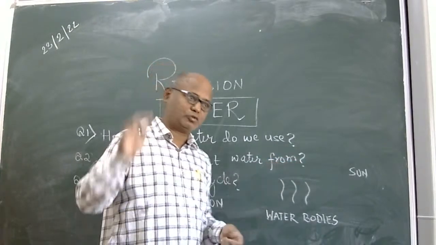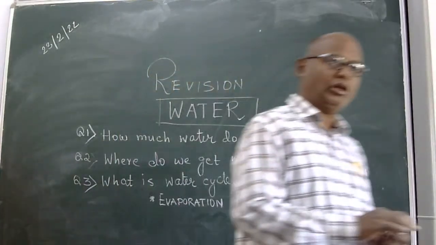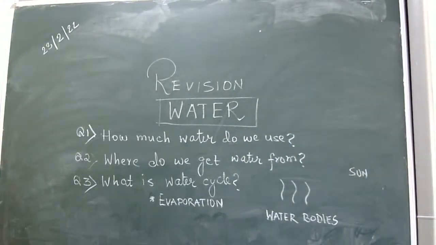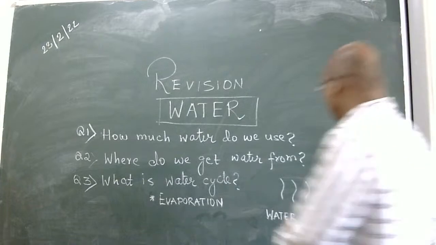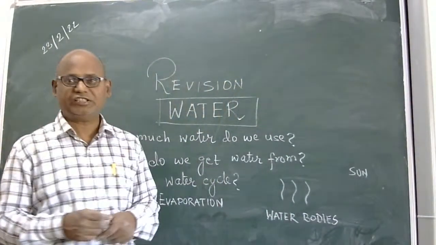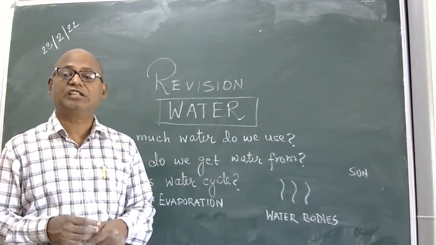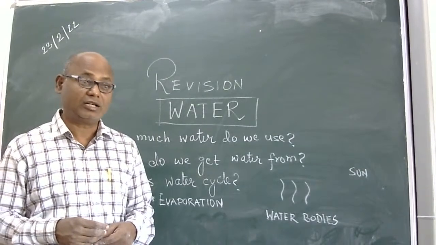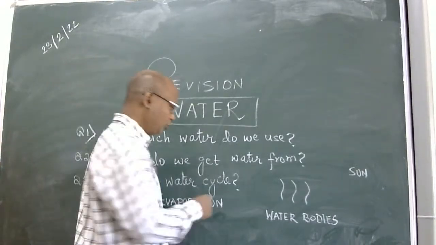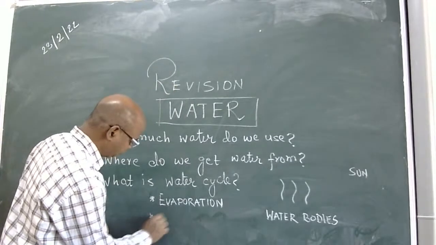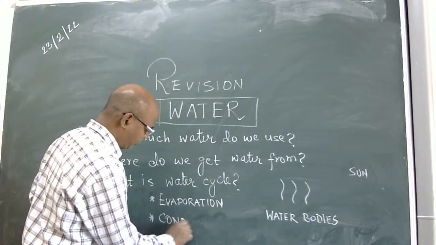At height, it is cold, and this water vapor converts into droplets of water. So here the textbook mentions that water vapor converts into droplets of water. What is that process? That process is called condensation. So you should also write down there the process of condensation.